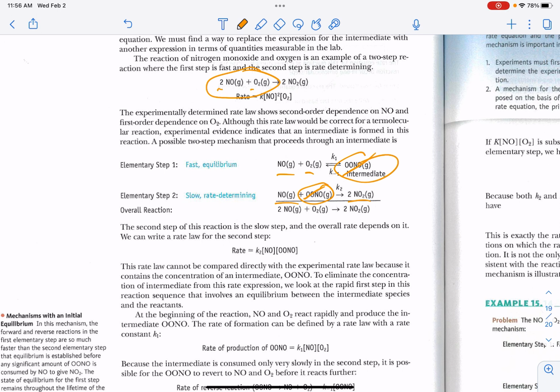Now, there's an important caveat here. If I'm going to write my rate law in terms of my slow step, the rate law should be written in terms of the slow step. My slow step has a reaction intermediate in it. And you're not allowed to write your rate law with a reaction intermediate in it.